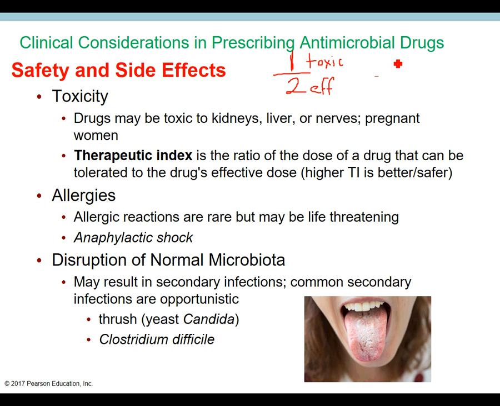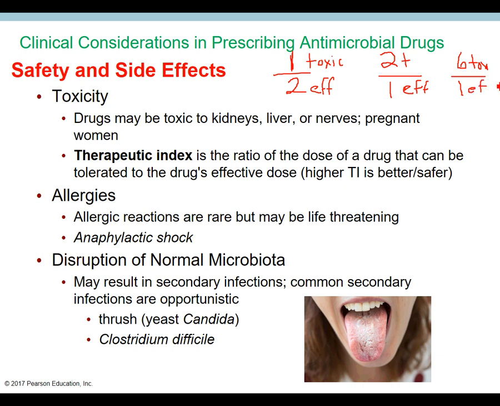Now, what if you had a different situation where you needed 2 milligrams of the drug to cause toxicity, and you only needed 1 milligram of the drug to be effective? That would be better, because you would be able to give the 1 milligram and it could be effective, and you would not reach the level that would be causing toxicity. And what would be even better is if 6 milligrams caused toxicity for a certain drug, but you only needed 1 milligram to be effective.